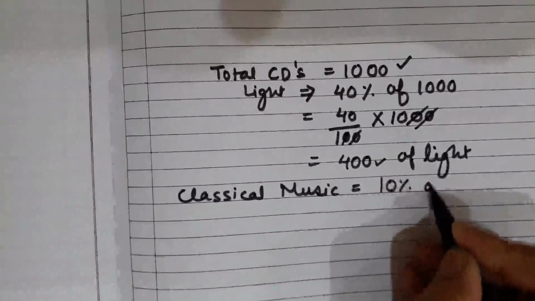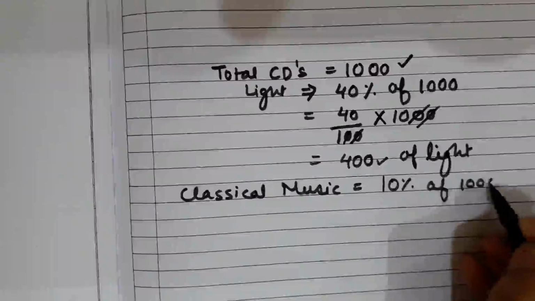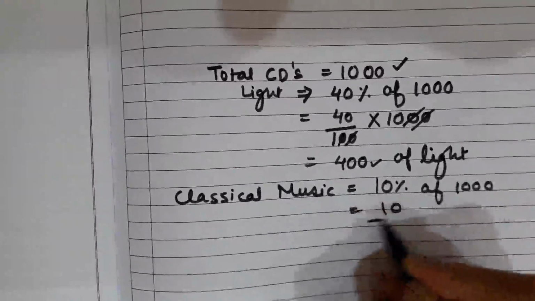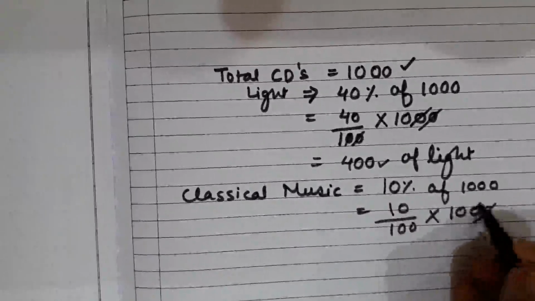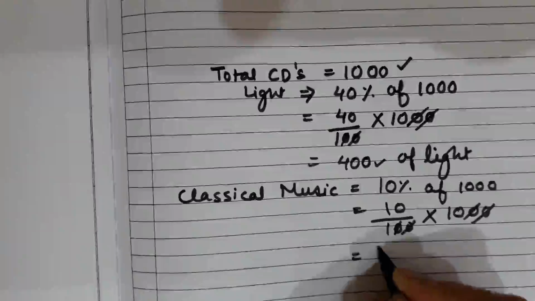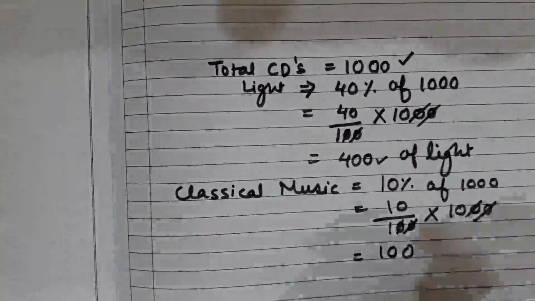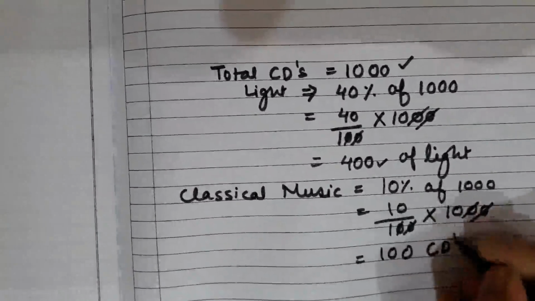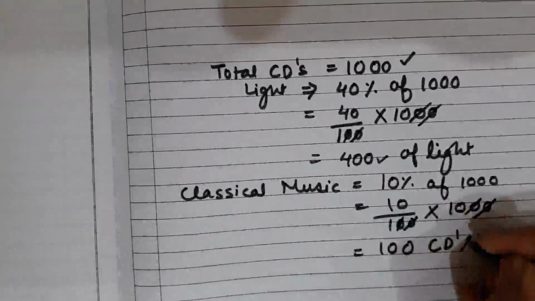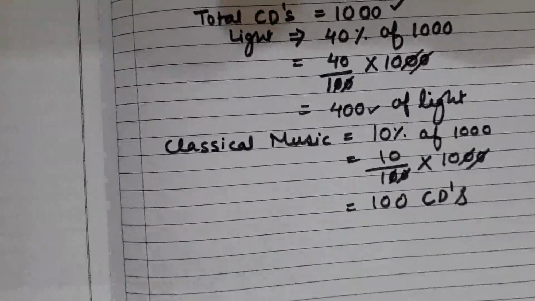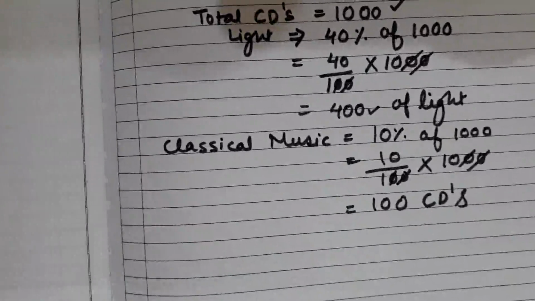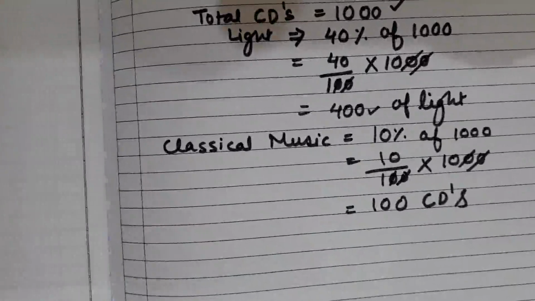So 10% of 1000 is 10 upon 100 multiplied by 1000, which gives 100. So 100 CDs are going to be prepared for classical music out of 1000. Getting my point? Now the next type of music we have is semi-classical.